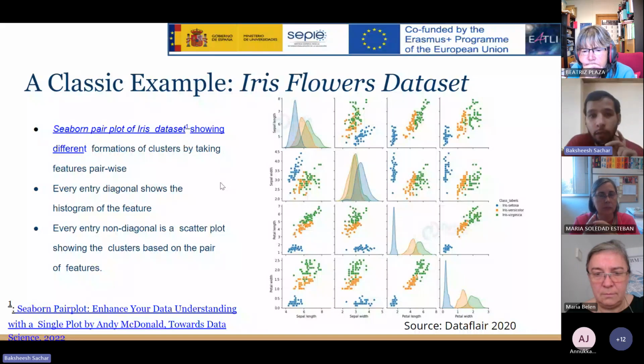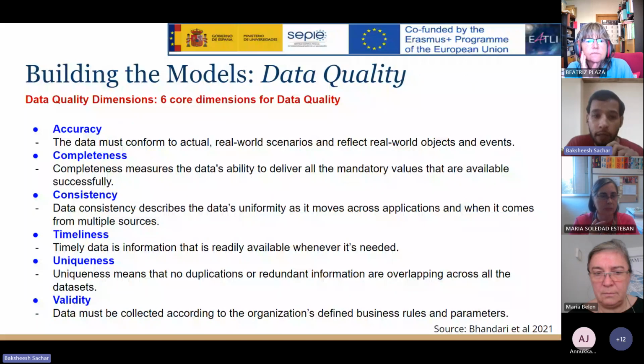These are the data quality dimensions: accuracy, completeness, consistency, timeliness, uniqueness, and validity of the data. These are very important, because if the data set does not maintain these data quality parameters, it is very difficult to claim any of the inferences that we gather from the data that we use.